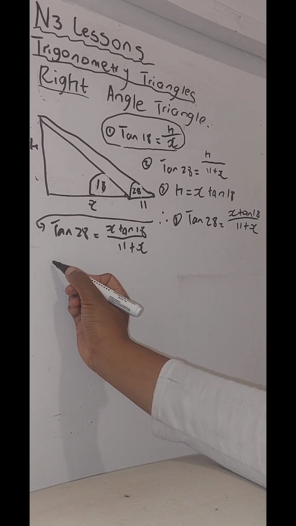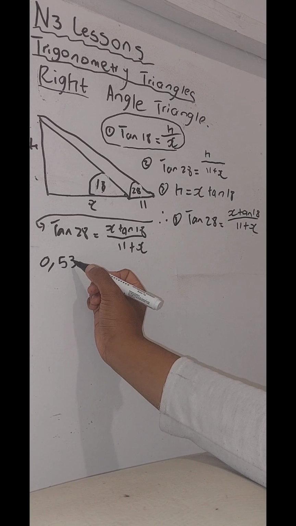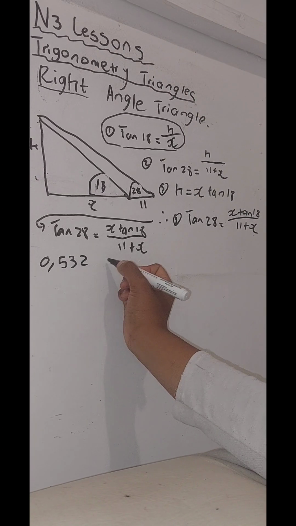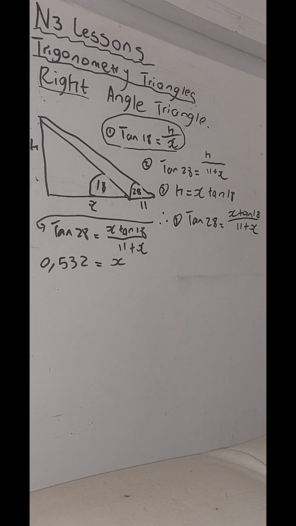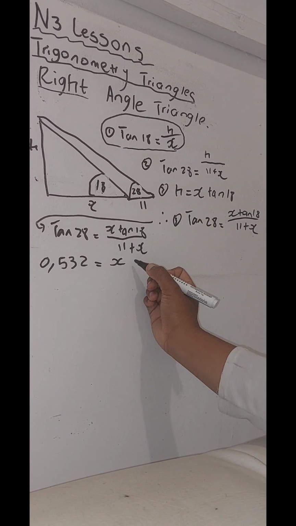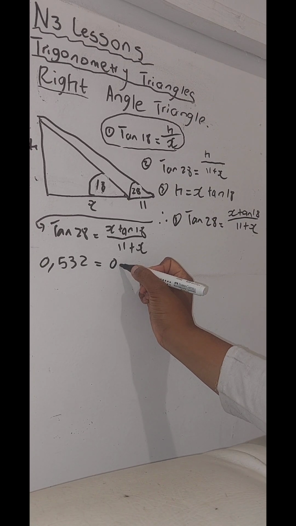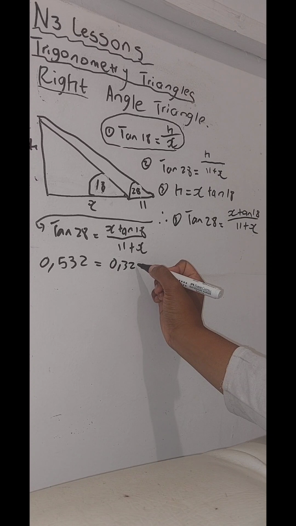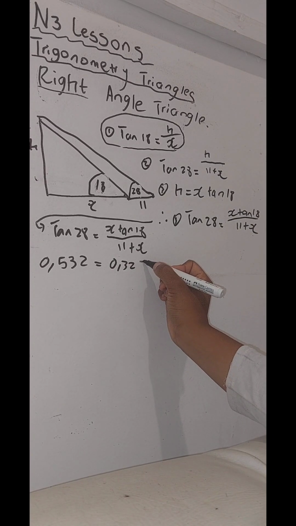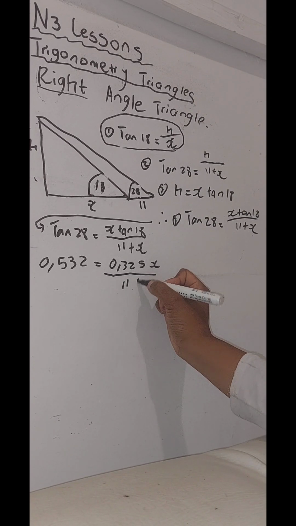0.532, which is equal to x. What is tan 18? Tan 18 is equal to 0.325 x over 11 plus x.